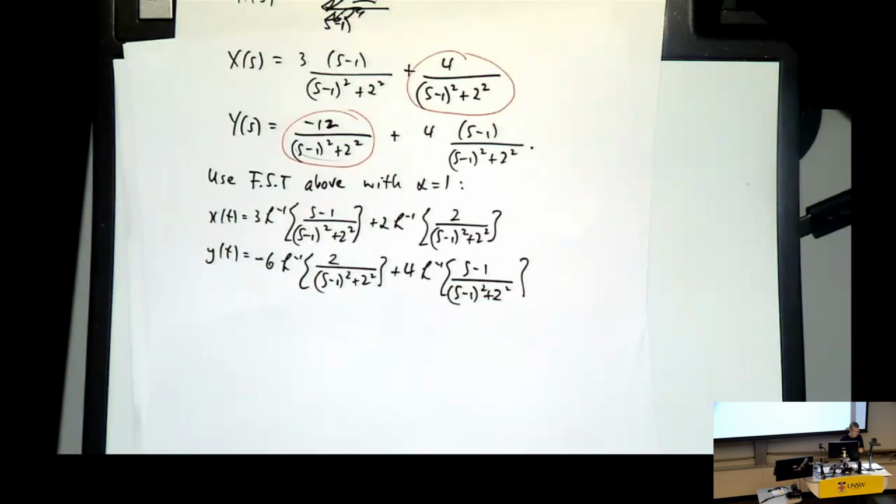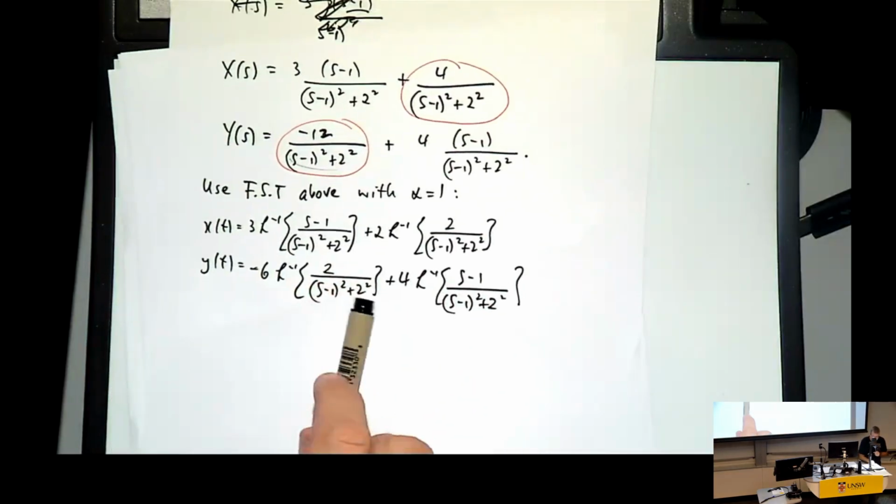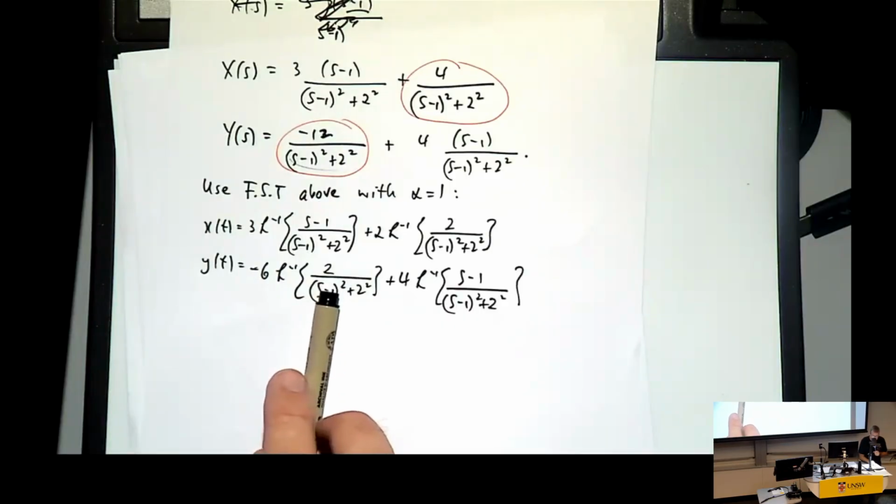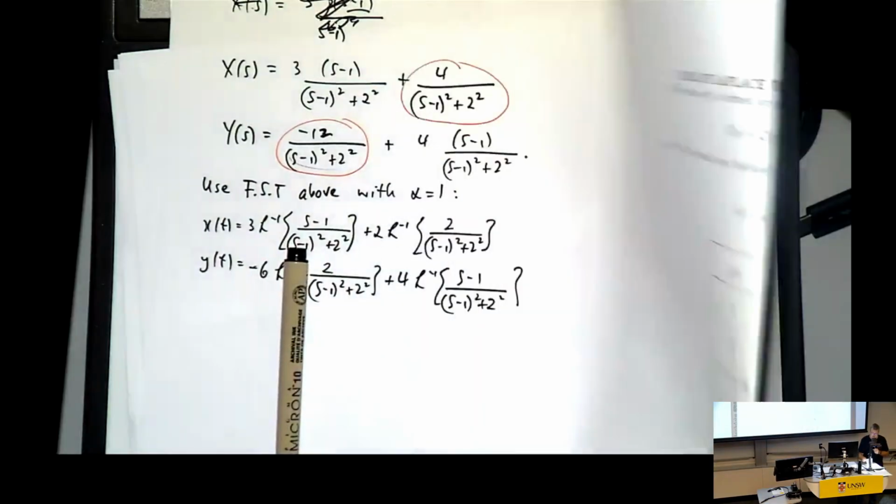So for this one, cover up the -1. What does that look like over here? It looks a bit like that one, right? With omega equals 2. So the transform of that will be sine of... Oh, hang on. Actually, let's go up here. Do that one first. So I'm going to cover up the -1 and the -1.